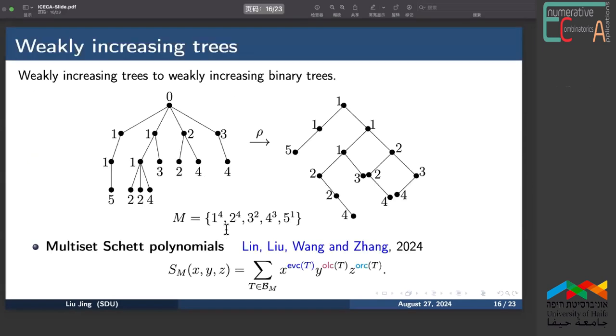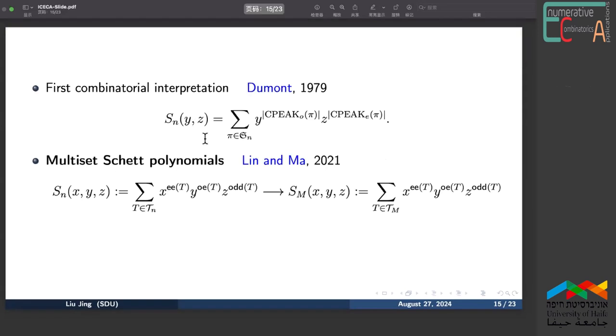Additionally, they introduced a weakly increasing trees model labeled by a multiset. It unifies the conception of Cayley trees and plane trees. Analogous to the Schett polynomials, they naturally introduced these multiset Schett polynomials on weakly increasing trees.